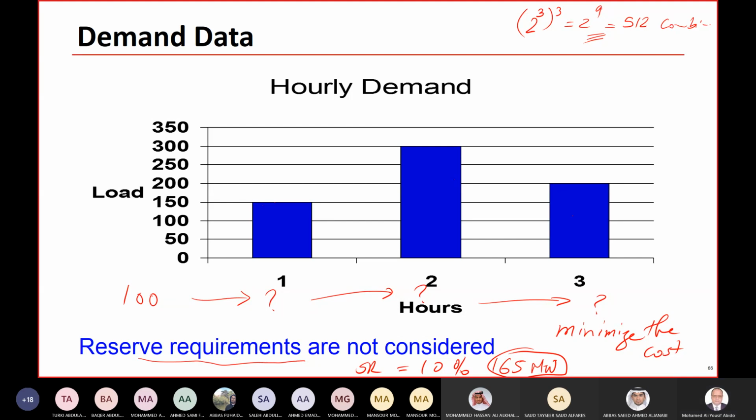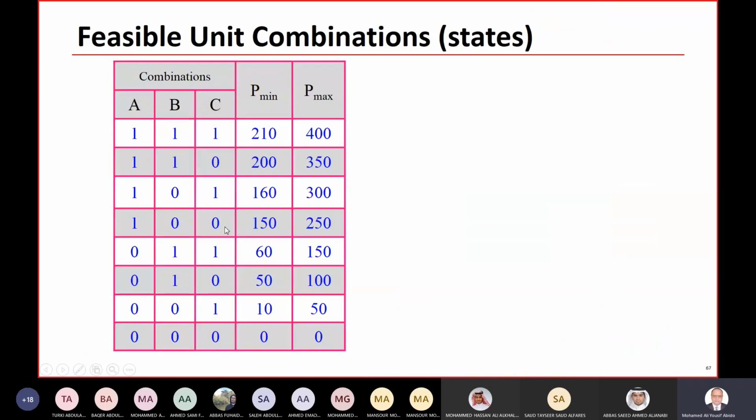But of course, if you observe these limits on load levels and the minimum startup and minimum shutdown times and so on, you can eliminate a lot of these combinations and end up with few combinations to be investigated, as you will see here.